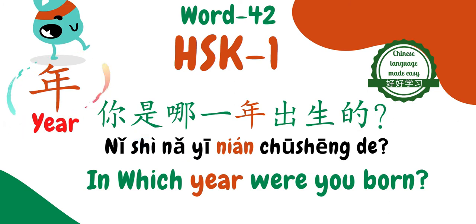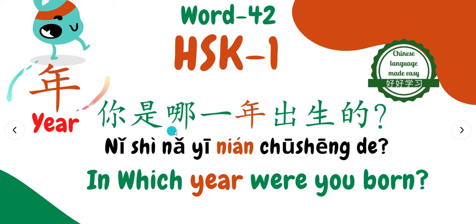There are two key points you should remember about this structure: it focuses on the information in the middle of these two words, and it tells us about a past event.